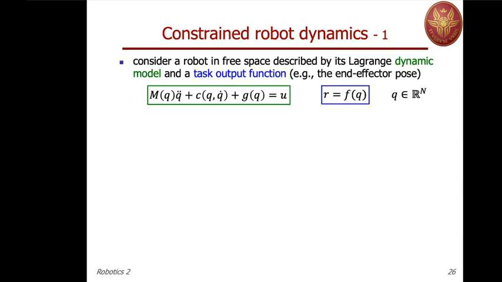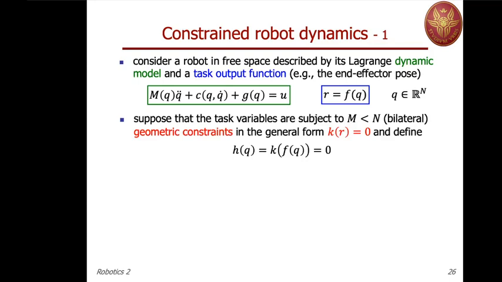Of course, r may have the same dimension of n or be strictly less than n. In any case, we suppose that these task variables are subject to a number of geometric constraints, bilateral, so in the form of equality, and we number this constraint as m dimension.